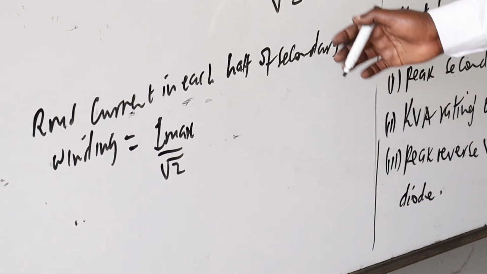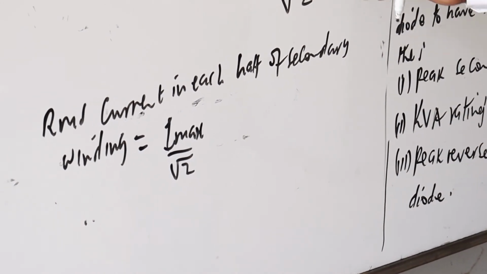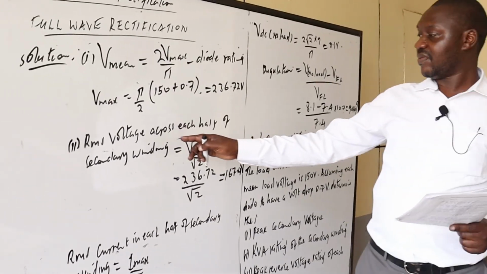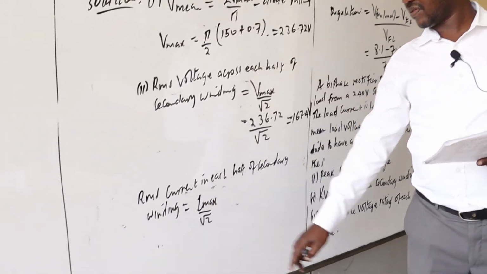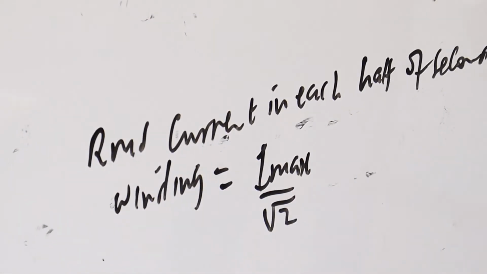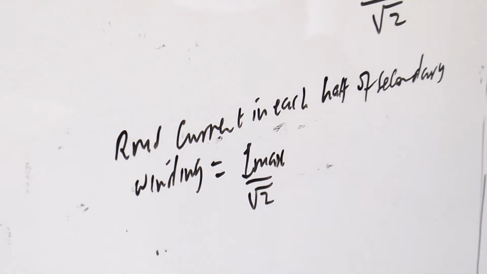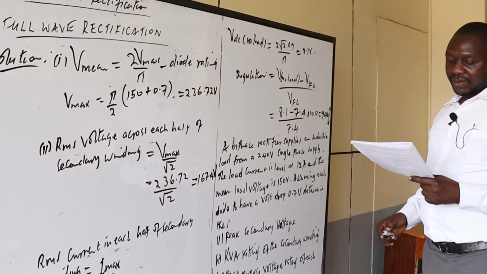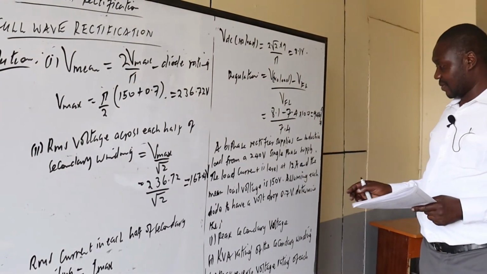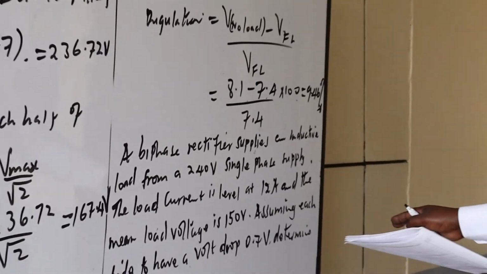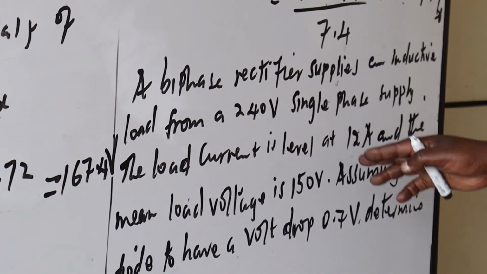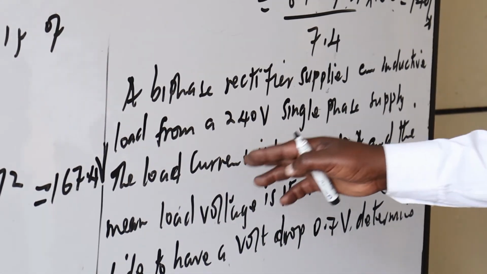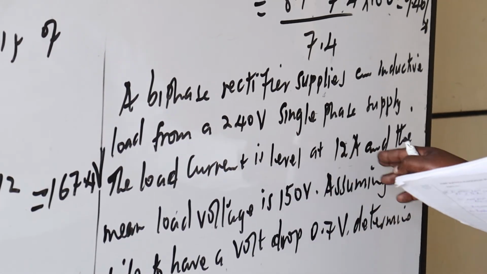So the same expression for the RMS voltage is the same expression for the RMS current. Imax was given because we are told that our current had settled at a level of 12 amperes.